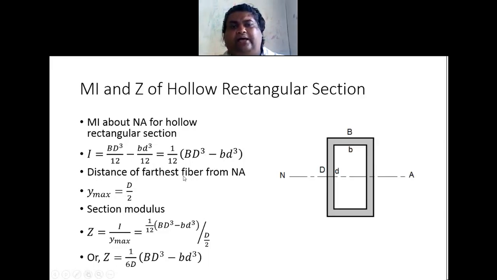The distance of the farthest fiber from the neutral axis is capital D by 2. Now the section modulus, when you simplify, is 1 by 6D into B D cube minus b d cube. We'll try to understand why hollow sections are used in many places instead of solid sections when we go to numericals.